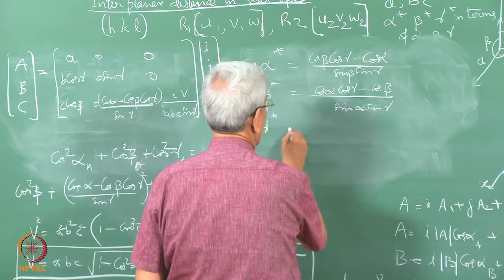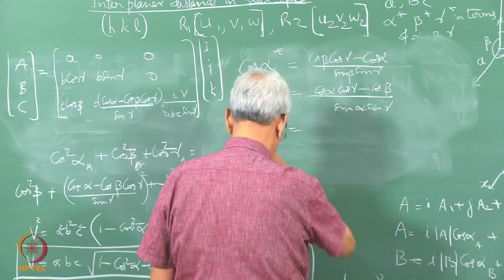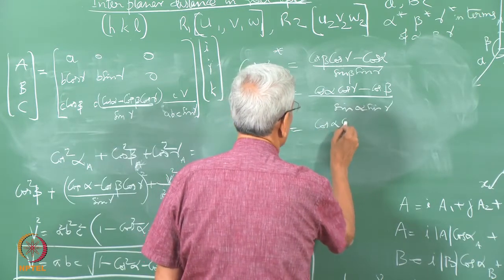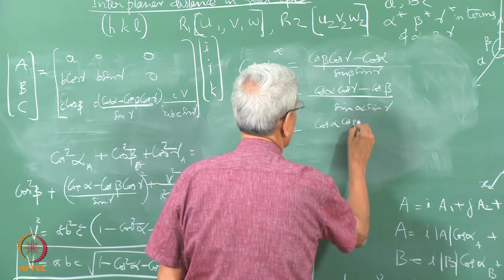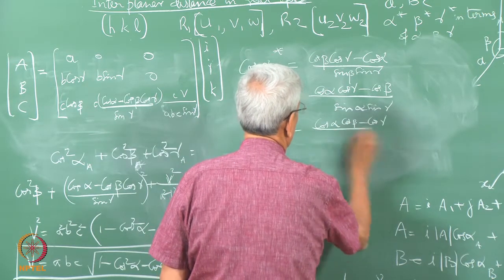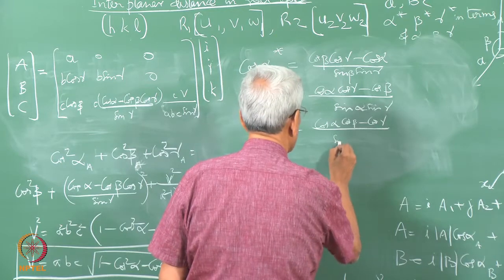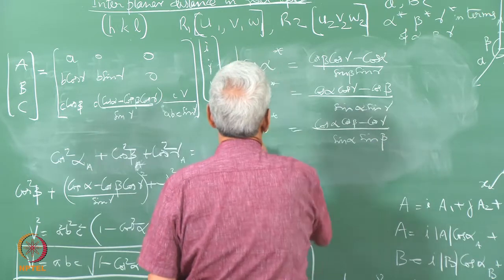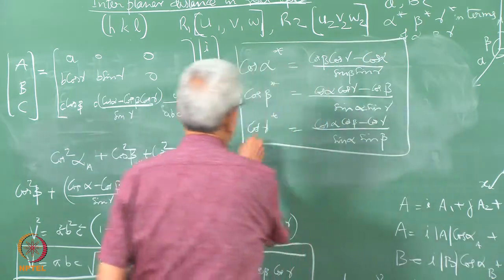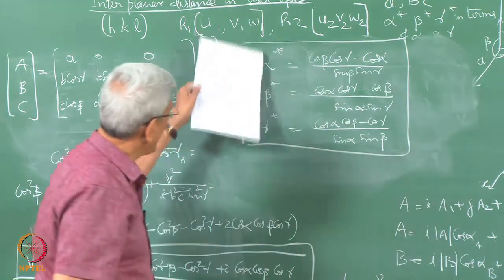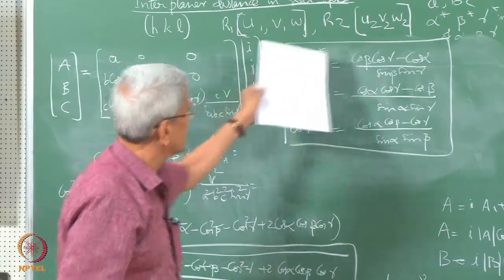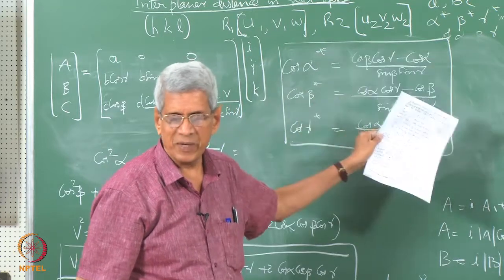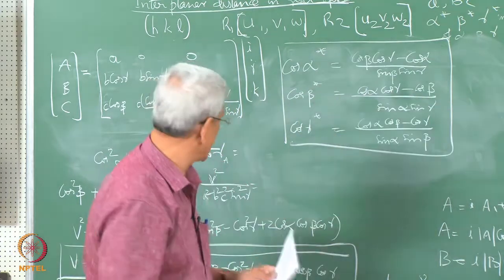Cos gamma star equals cos alpha cos beta minus cos gamma divided by sin alpha sin beta. So this gives the relationship of alpha star, beta star, gamma star in terms of alpha, beta and gamma in the real space unit cell.